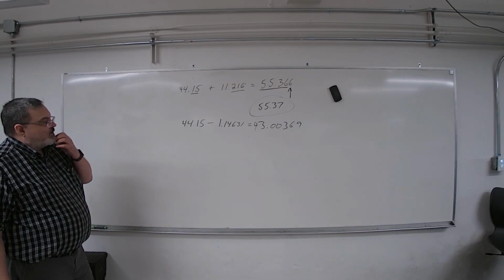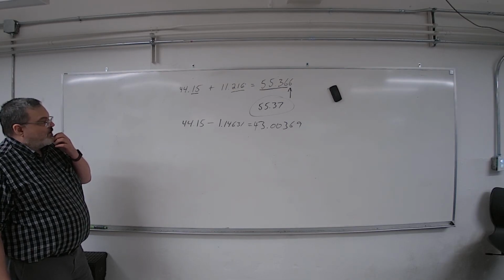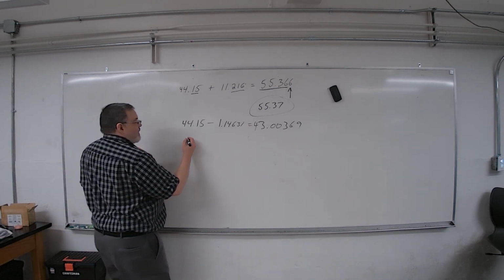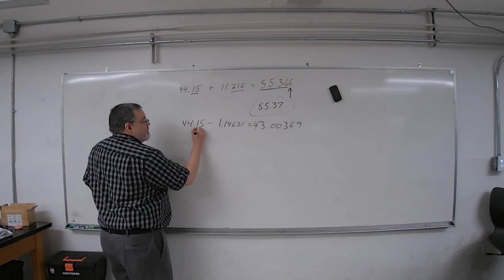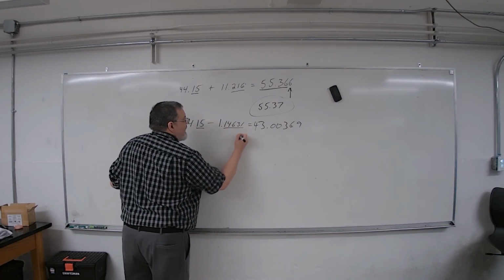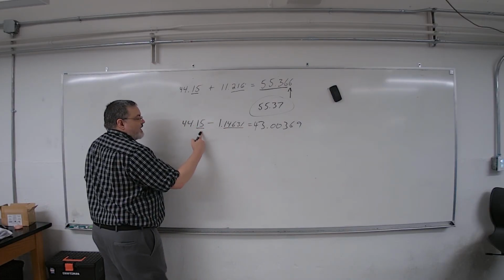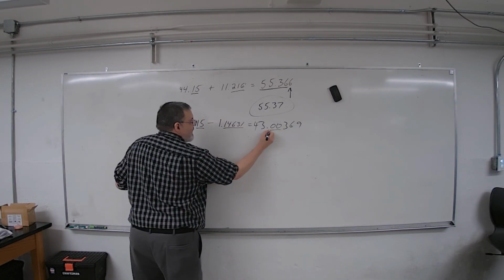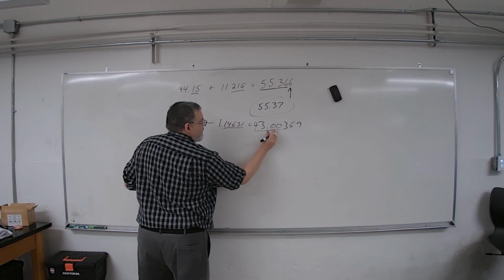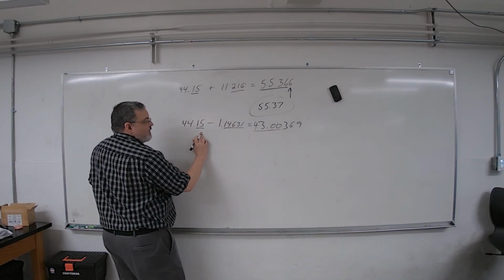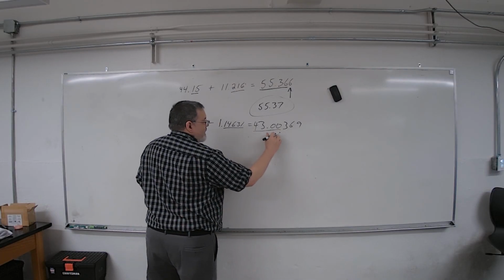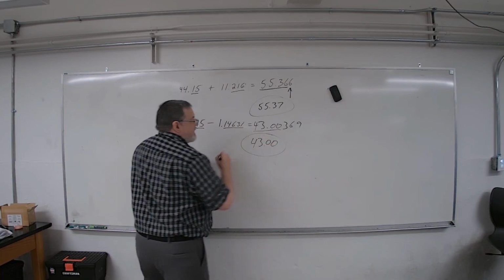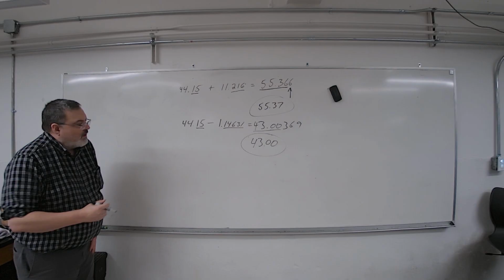Why was I going to say this is weird? This one doesn't come out there. All right. 2 after the decimal, 5 after the decimal, so my answer needs to only have 2 after the decimal. So I'm keeping just those 2, but yeah, I'm keeping everything up here too. But it's really these 2 that I'm denoting. The 3 does not round to 0, so 43.00 is the answer to this one.